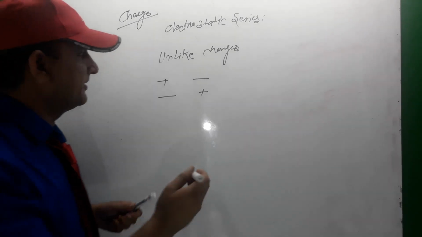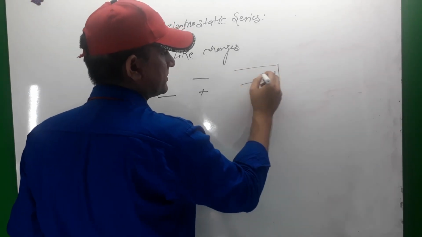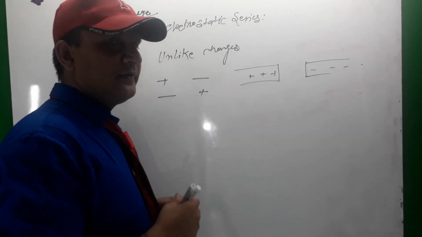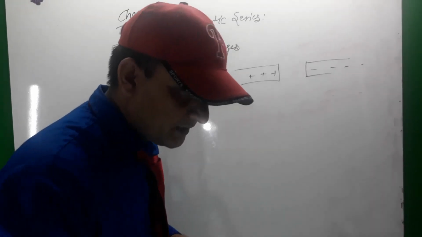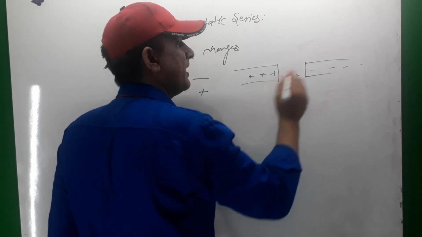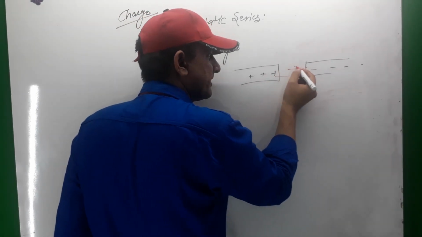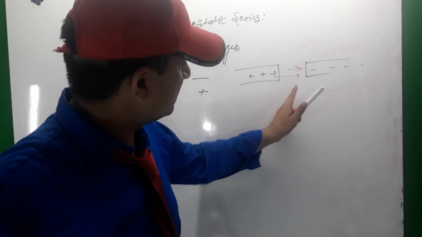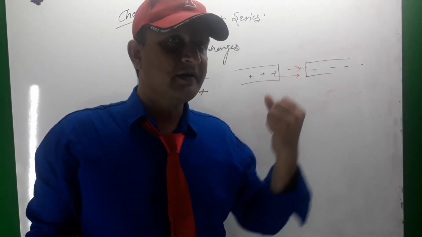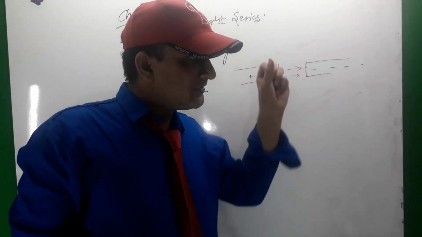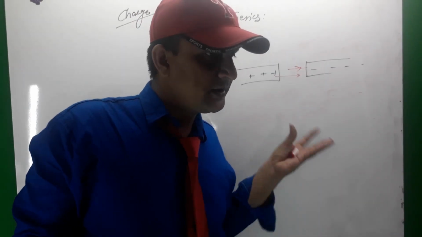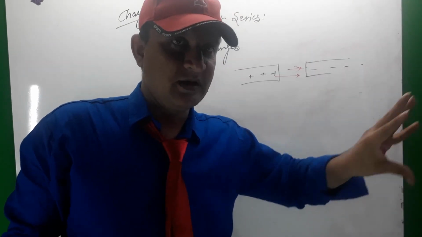Let's take an example: one is a positive body and the other is a negative body. Positive tries to go forward and negative tries to take the positive. Both are feeling forces towards each other. Negative is attracting towards itself, and positive is also trying to push its force outside to catch, to absorb in the other body.